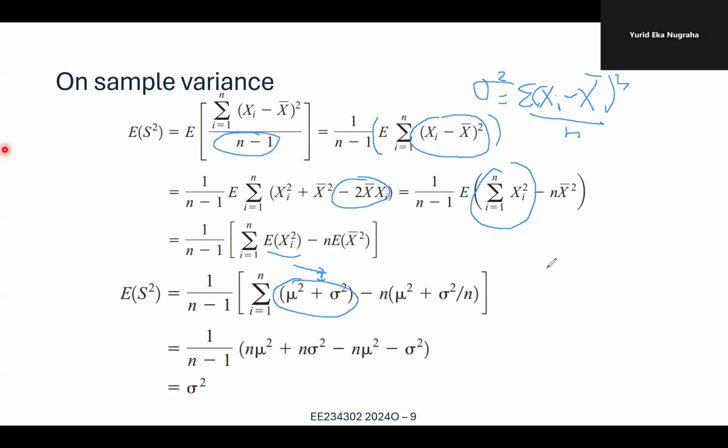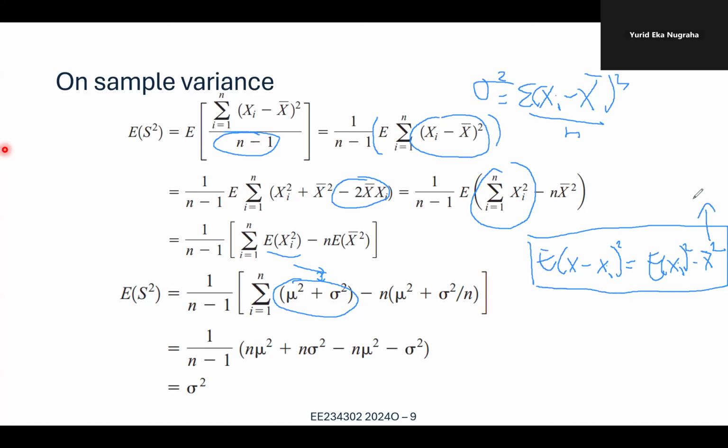Now, this is because the expected value of xi minus mu square turns out to be the expected value of xi square minus mu square. This is from the definition of variance.